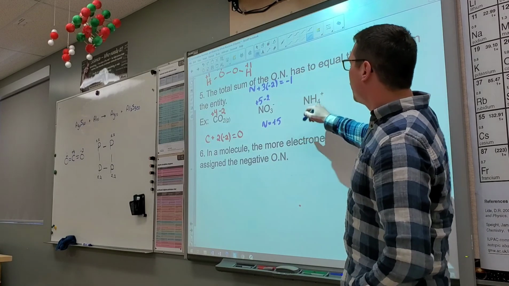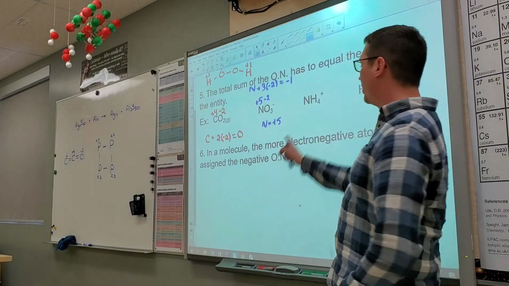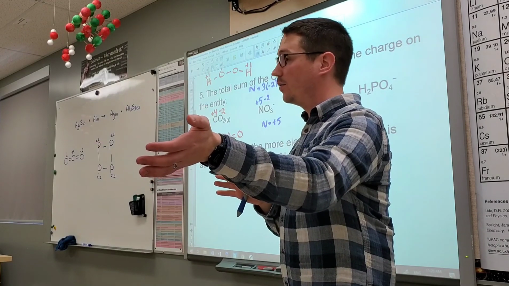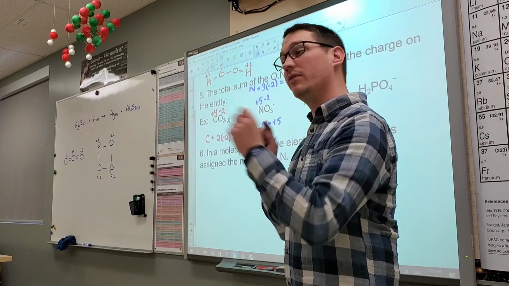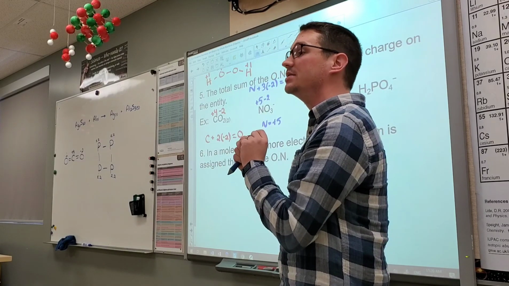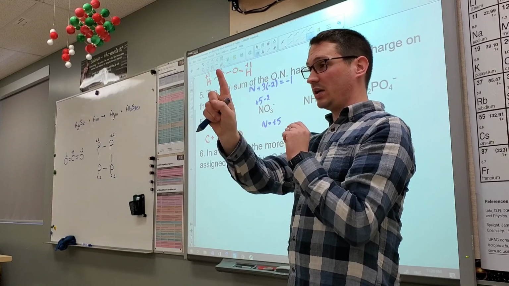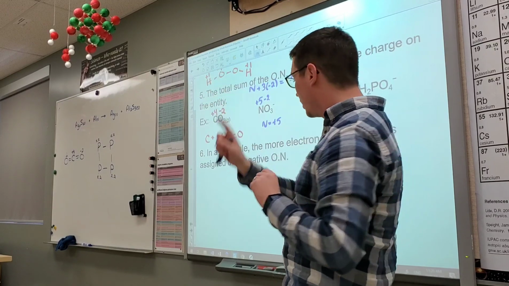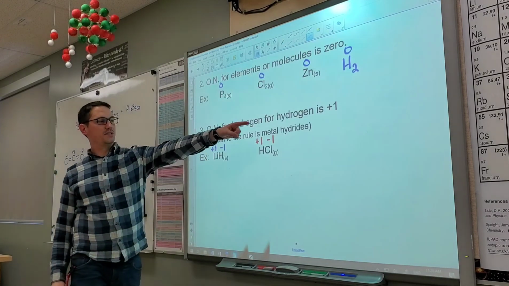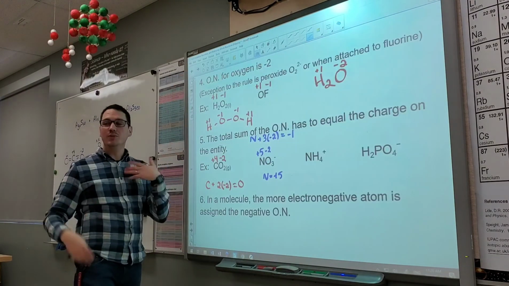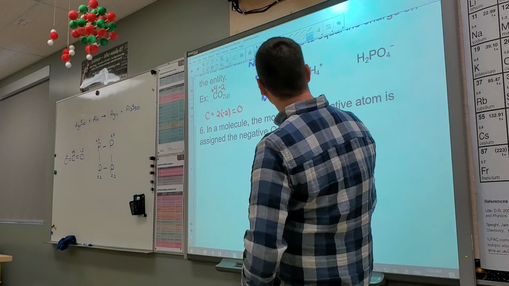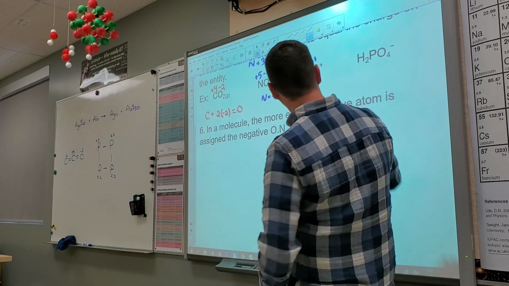Okay, NH4 plus. Do you know anything about either of these elements? Do we have a rule for nitrogen? No. We don't have a rule for nitrogen. Do we have a rule for hydrogen? Yes. Hydrogen almost always is +1, except in metal hydrides. So hydrogen is +1.